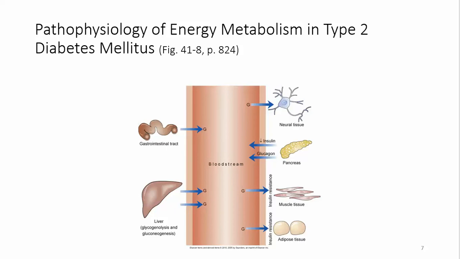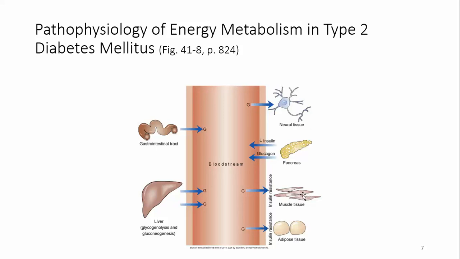In type 2 diabetes, we're still producing some insulin, but not as much, and we have insulin resistance. There are fewer doors to facilitate the diffusion of glucose into the tissues.